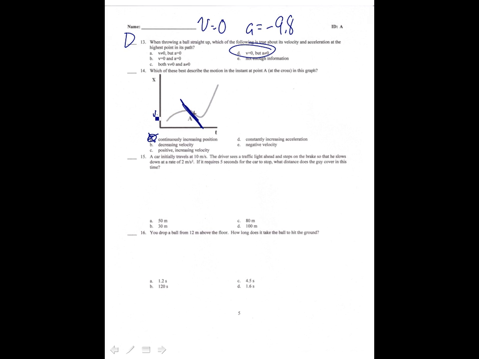We don't have a decreasing velocity because actually the velocity is increasing. We have a negative velocity, so it's not positive, and we don't really know what the acceleration is, so the answer is E.